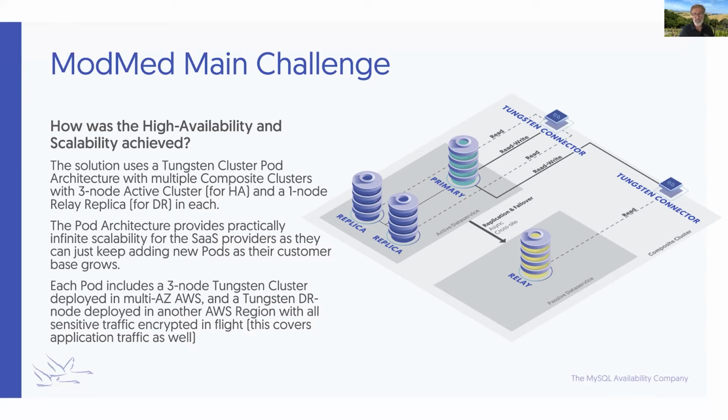And when you keep adding this combination, the 3+1 clusters, as you grow, in this case Modernizing Medicine already has 20 of these deployed across all of their hundreds of customers. And they basically have infinite scalability using our solution.